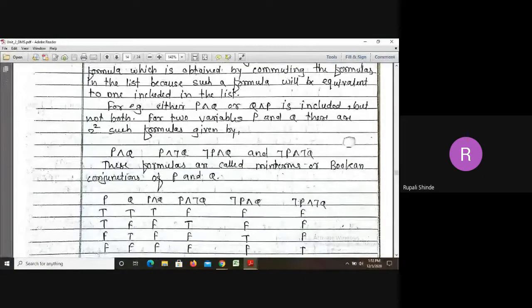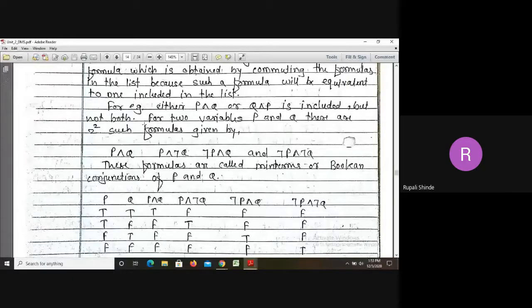Again, we can form a truth table for all these minterms. Then we can obtain 2 raised to 2, that is equal to 4 maximum maxterms, and those maxterms are in P and Q. You have to remember the difference between minterm and maxterm.